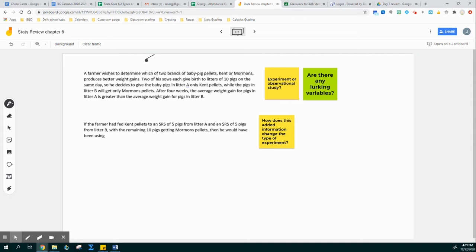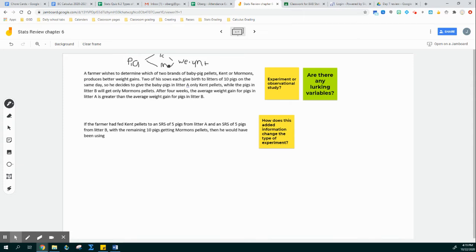So I'm thinking here, I've got some subjects. I've got those pigs. And I've got Kent pellets, or I've got Mormon pellets. And then I want to look and see how much weight was gained.